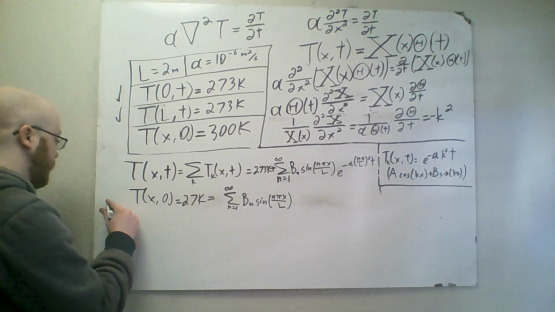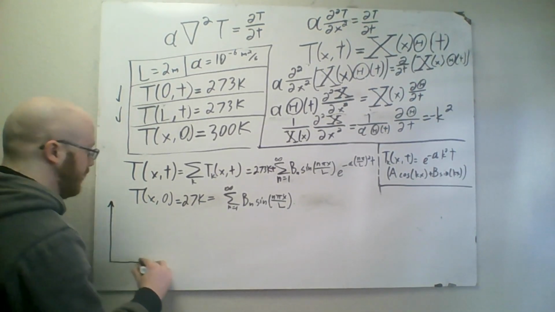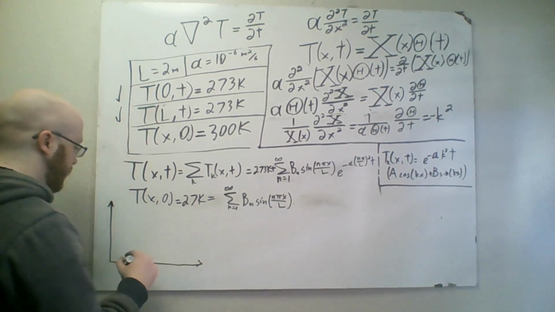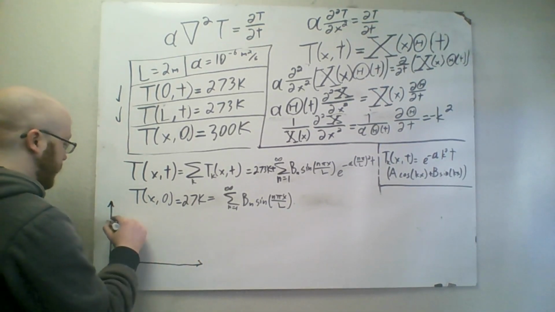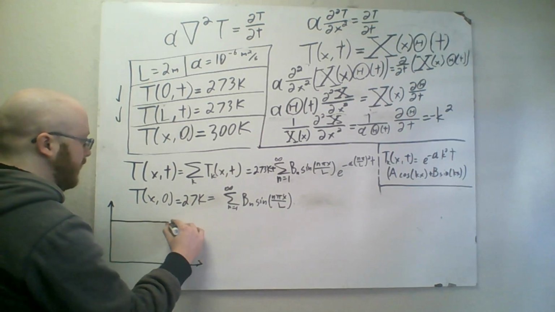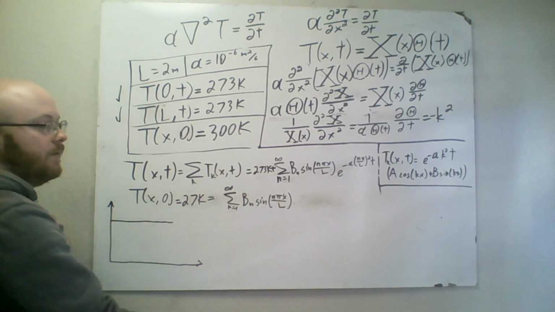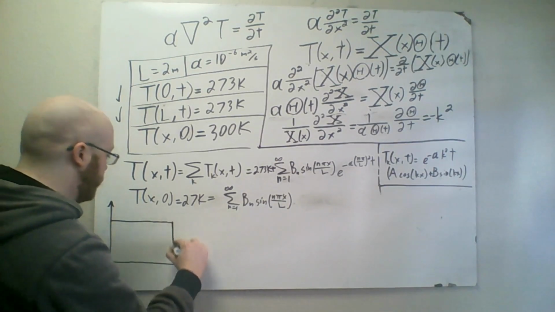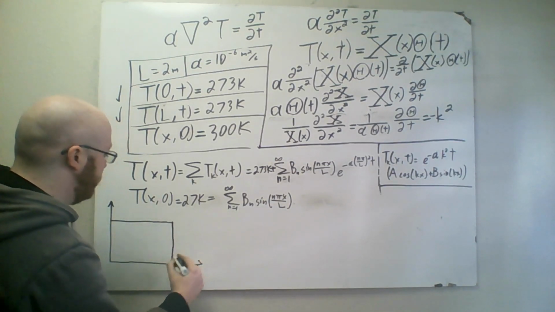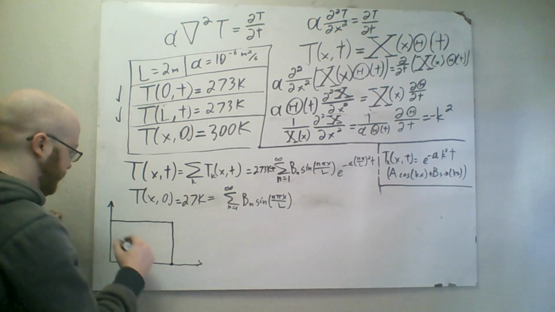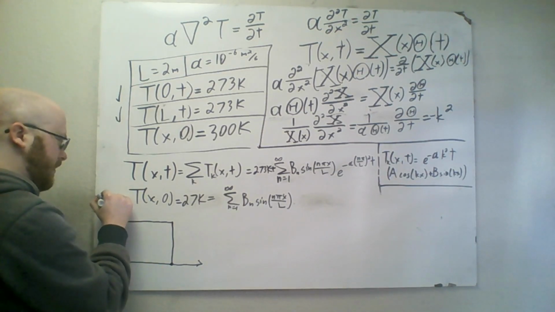So this function would look like this. So here, but remember, if you plug in L, this part goes to 0, right? Because it's sine and pi. So our function looks like this. And this is temperature.